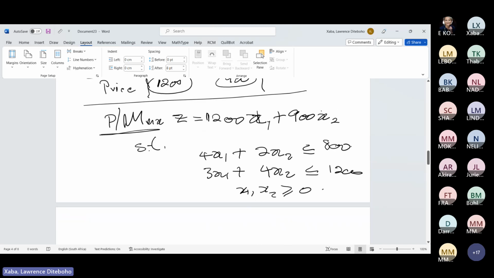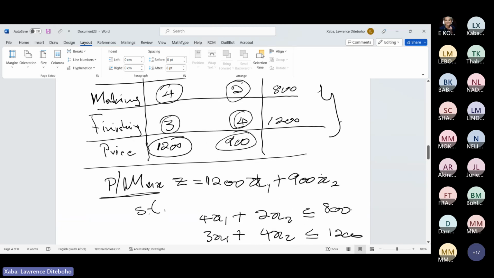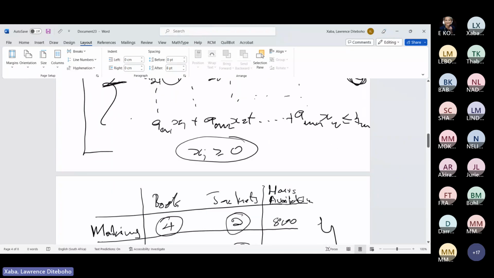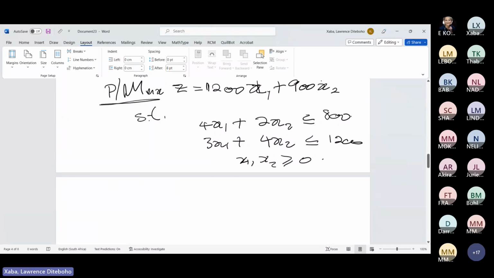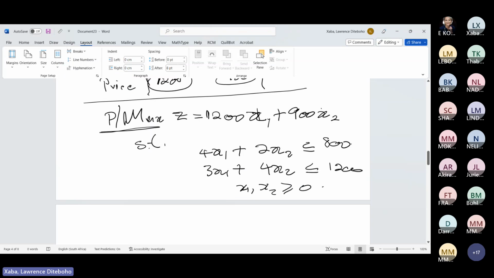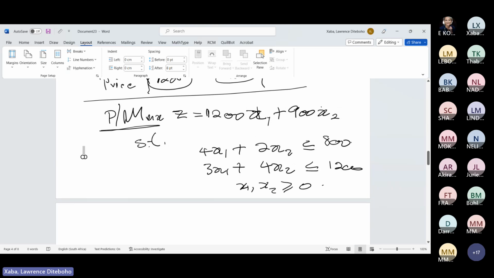So now our problem is in our standard form. So now we can apply one of the two methods that I've mentioned earlier on, which is your simplex and graphical method. But in this case, we are going to use the graphical method. Our objective is to find the two values that are going to maximize our profit. These two values will be representing x1 and x2.